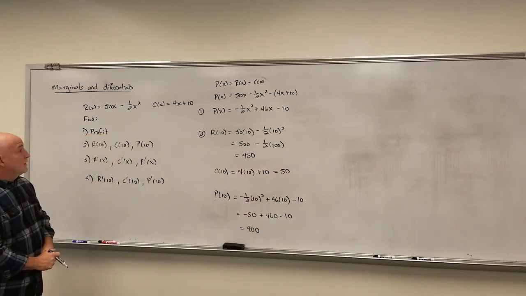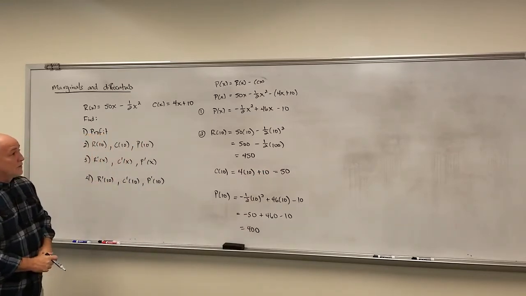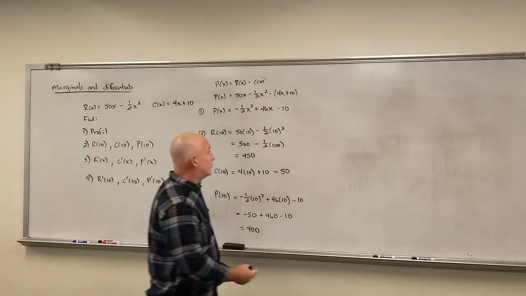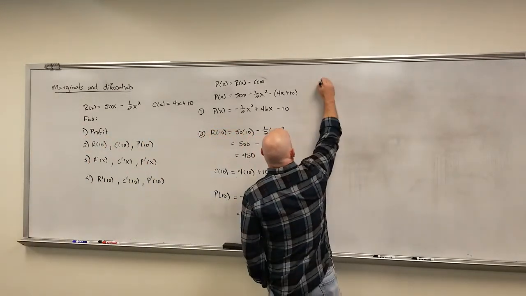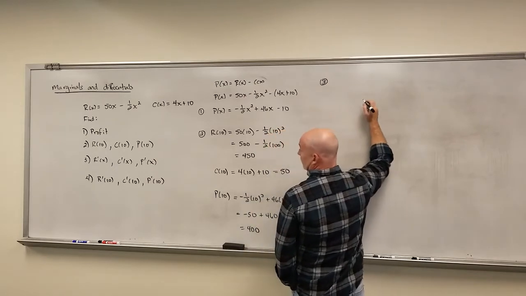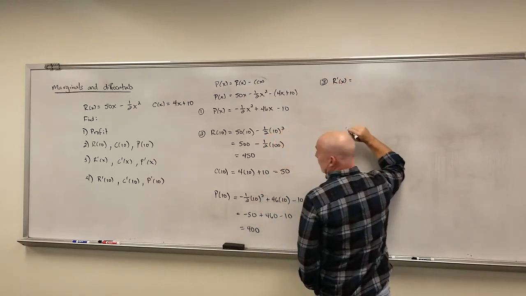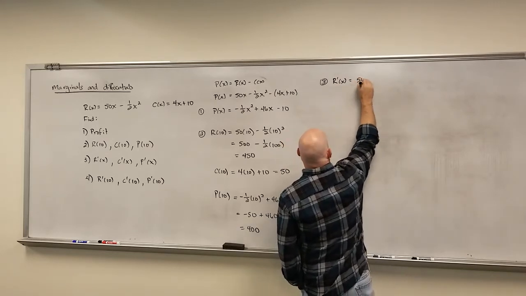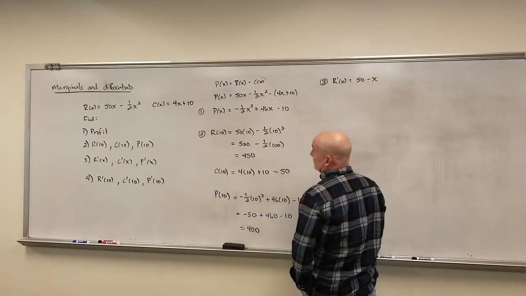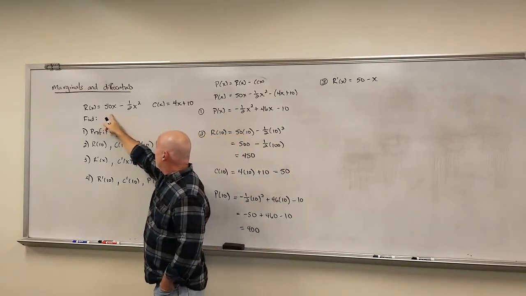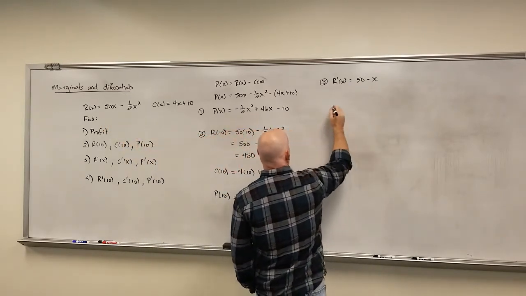All right, so let's get into the few things that we were taking a look at today, kind of the marginal stuff, which is really just the derivative. So the derivative of all three of our functions, let's do revenue first. R prime of X is just going to be 50 minus X. Right? I'm just taking the derivative of this, just bring down the power, take one away from the power.